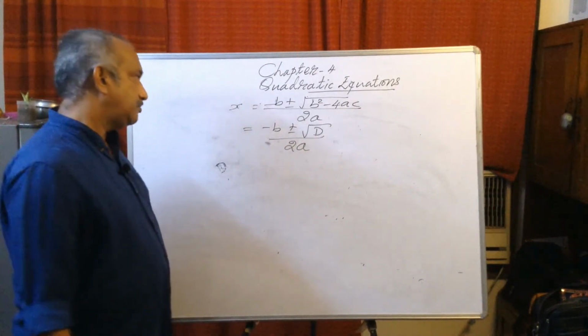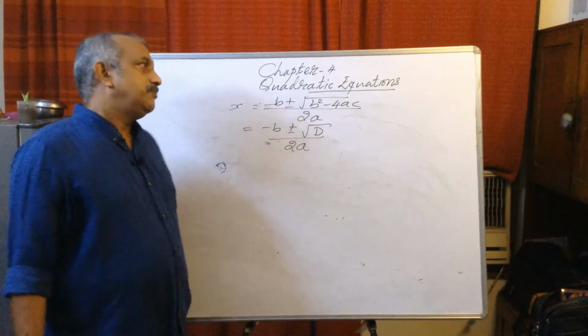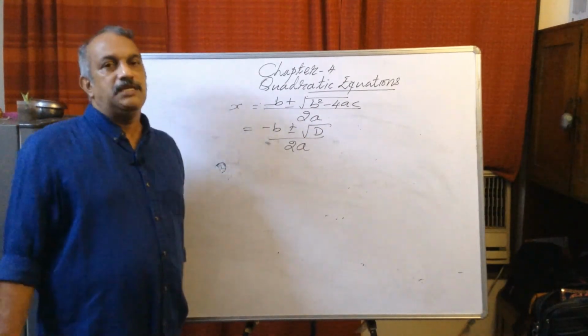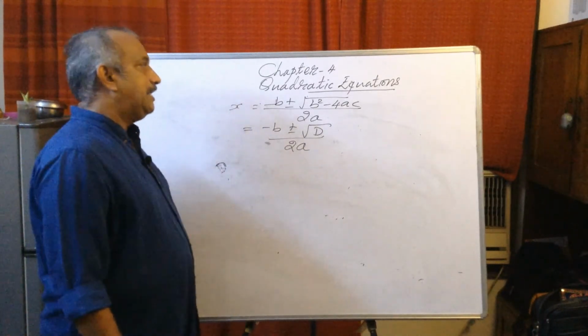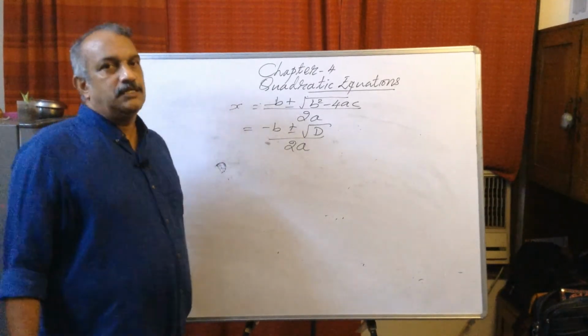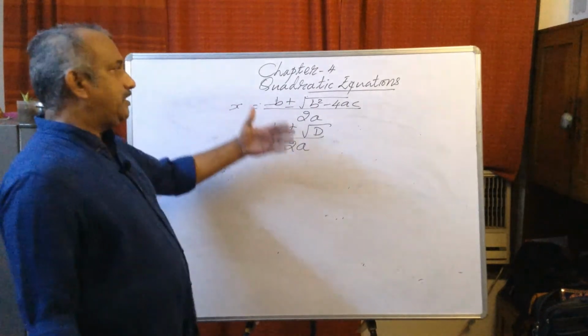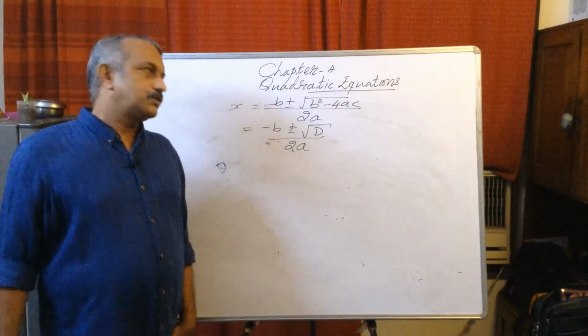Now D is equal to b square minus 4ac, which is also known as the discriminant, and it is called discriminant because it decides the nature of roots of the quadratic equation.